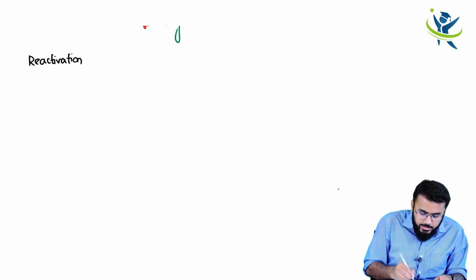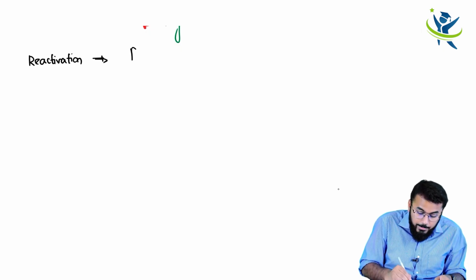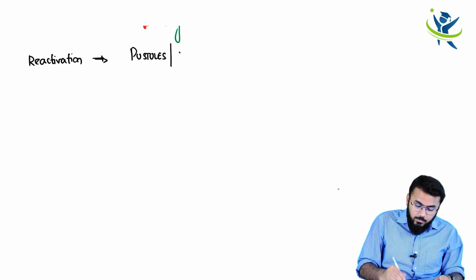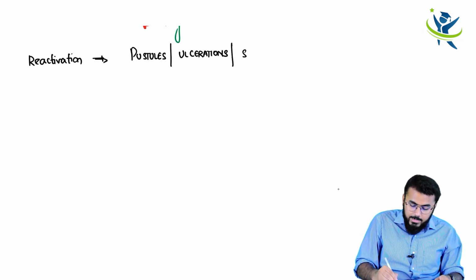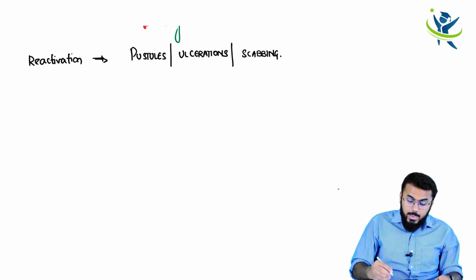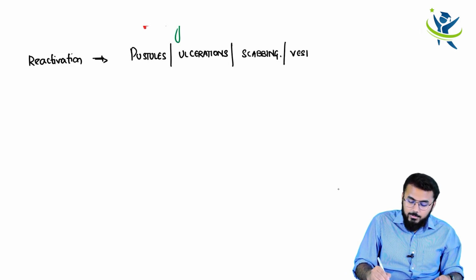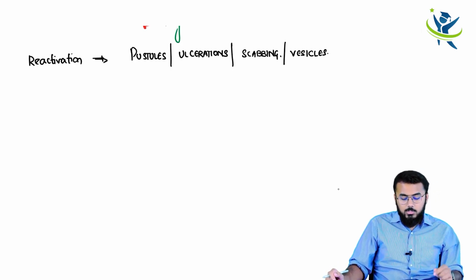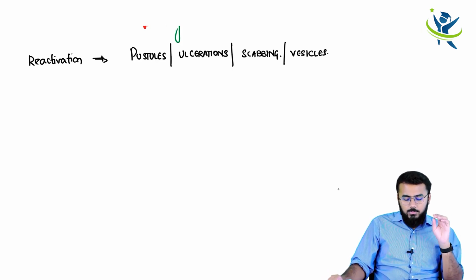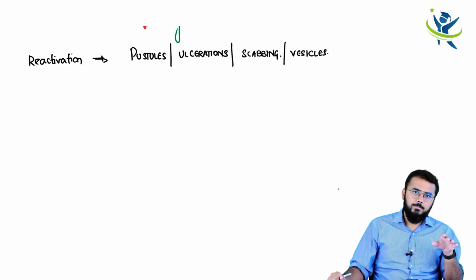When there is a reactivation, it will form pustules, ulcers, ulceration, and scabbing. Not only that, there will also be vesicle formation. So reactivation will cause the formation of pustules, ulcerations, scabbing or vesicles on the surface of the skin.